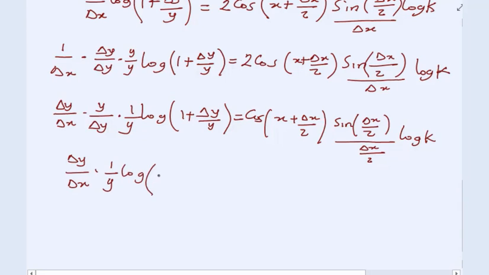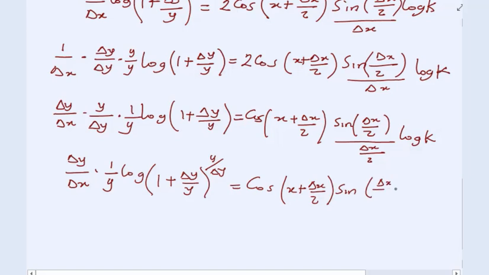This is just a basic law of logarithm: 1 plus delta y over y, raised to the power of y over delta y, is equal to cos of s plus delta s over 2, times sine of delta s over 2, all over delta s over 2, times log k. That is what I'm going to have now.